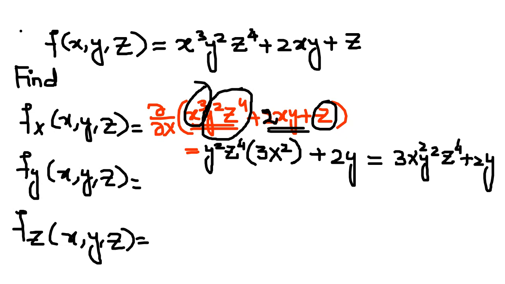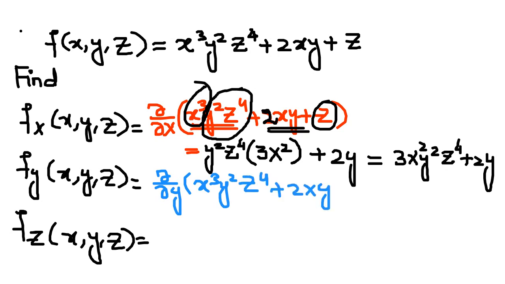Similarly, you can find the partial derivative with respect to y of this function x power 3 y square z power 4 plus 2xy plus z. What is the partial derivative of this one with respect to y? Now, what are the constant terms? x power 3 is a constant, z power 4 is a constant.